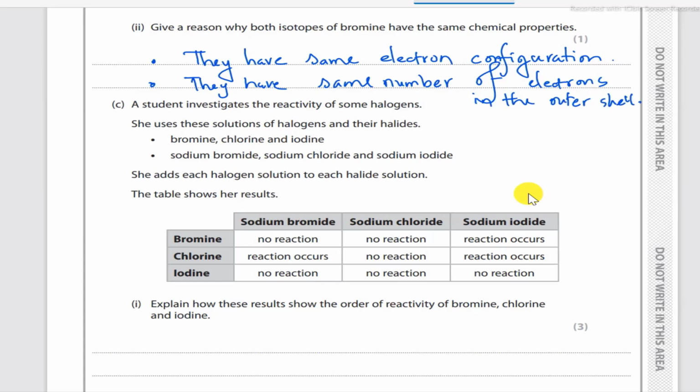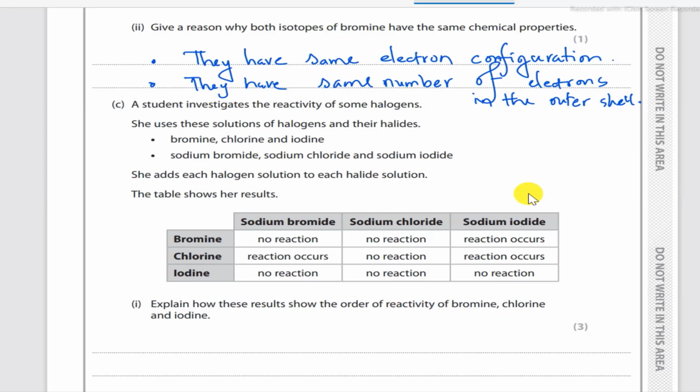A student investigates the reactivity of some halogens. She uses solutions of the halogens and their halides: bromine, chlorine and iodine, sodium bromide, sodium chloride, sodium iodide. She adds each halogen solution to each halide solution. The table shows her results.